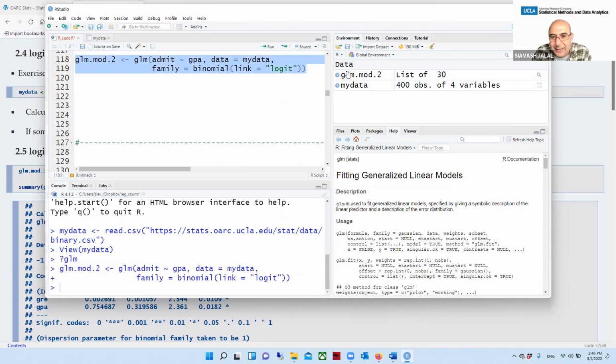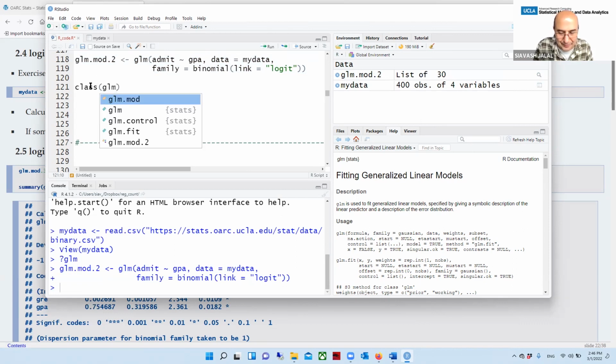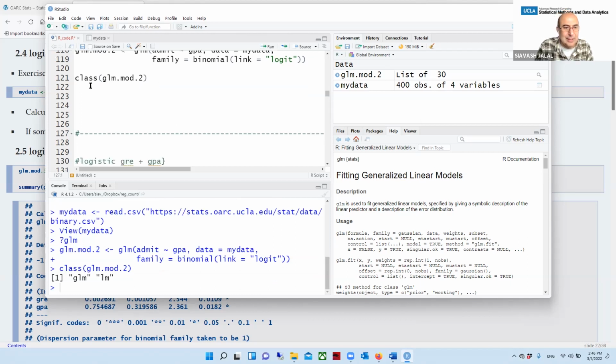Yeah, I got this list, right? If I do class of glm.model.2, it is glm and lm, right? So it's basically very similar. LM gives you lm, but GLM also has class lm.